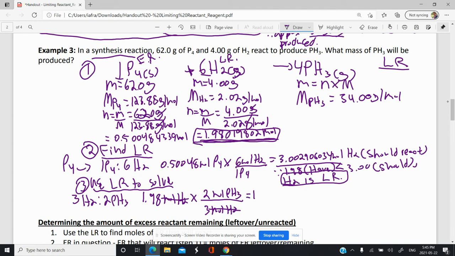And I get 1.32013213 moles of pH3. So that's my step 3. Use my LR to solve. And in this case, for moles, because I'm looking for moles of product.